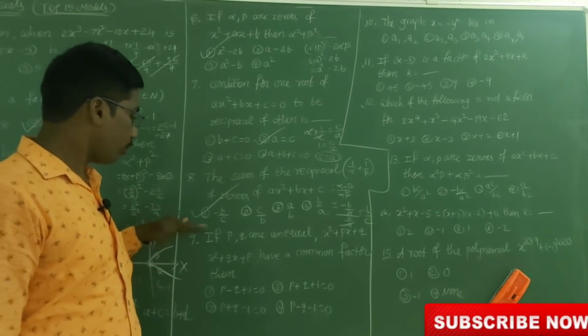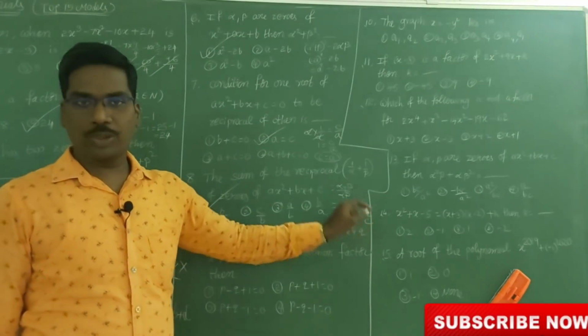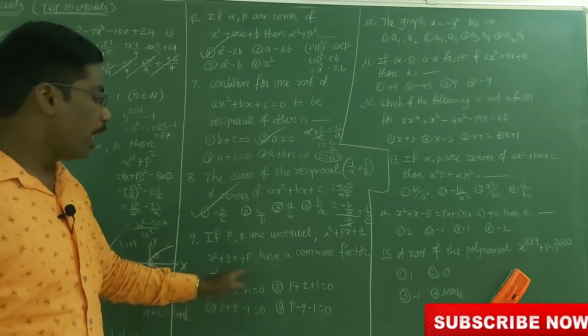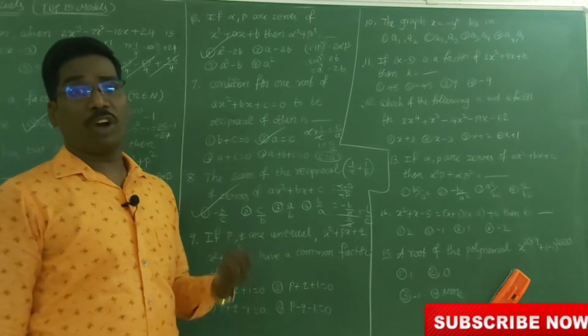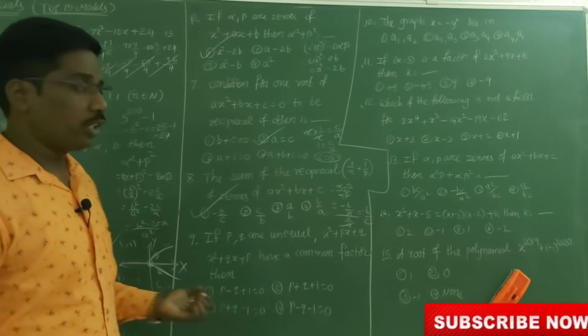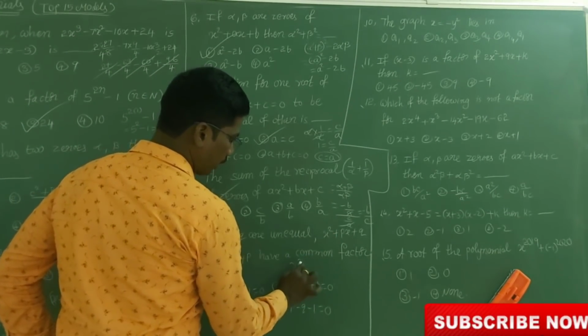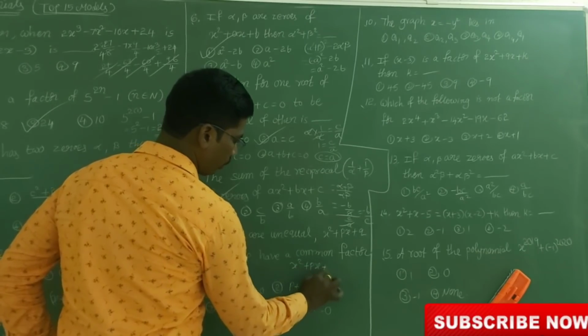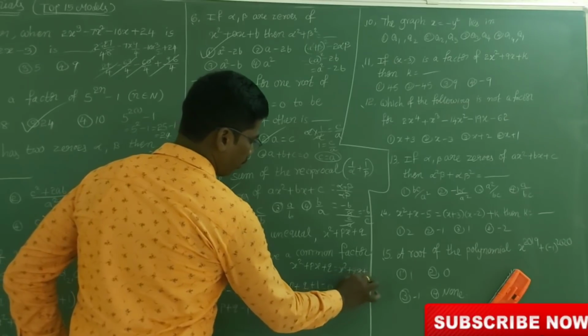Next, if p comma q are unequal, x square plus px plus q and x square plus qx plus p have a common factor, then which is the condition? If two equations have a common factor, then both expressions are equal. Here x square plus px plus q is equal to x square plus qx plus p.